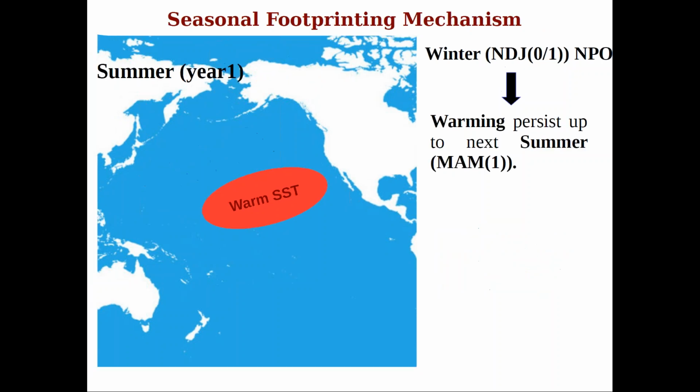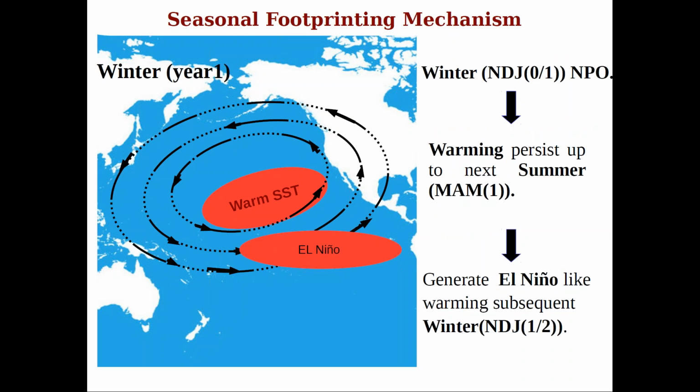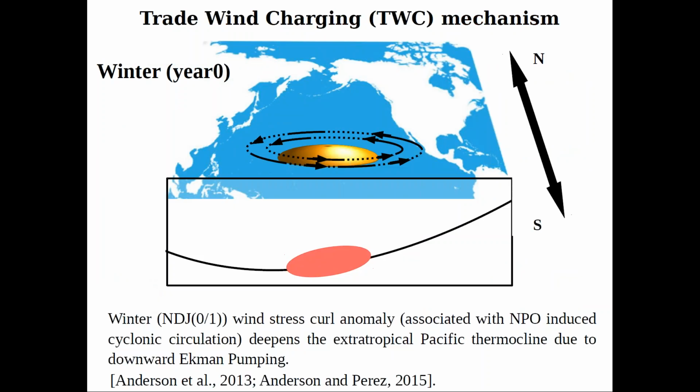But this warming persists up to summer though the atmospheric circulation is no longer there, and then it influences the summer North Pacific oscillation and generates a wind pattern which induces a symmetric westerly over the equator, and this westerly can generate the next El Nino event in the subsequent winter. So the North Pacific oscillation can give us a 1 year lead prediction for ENSO or El Nino events.